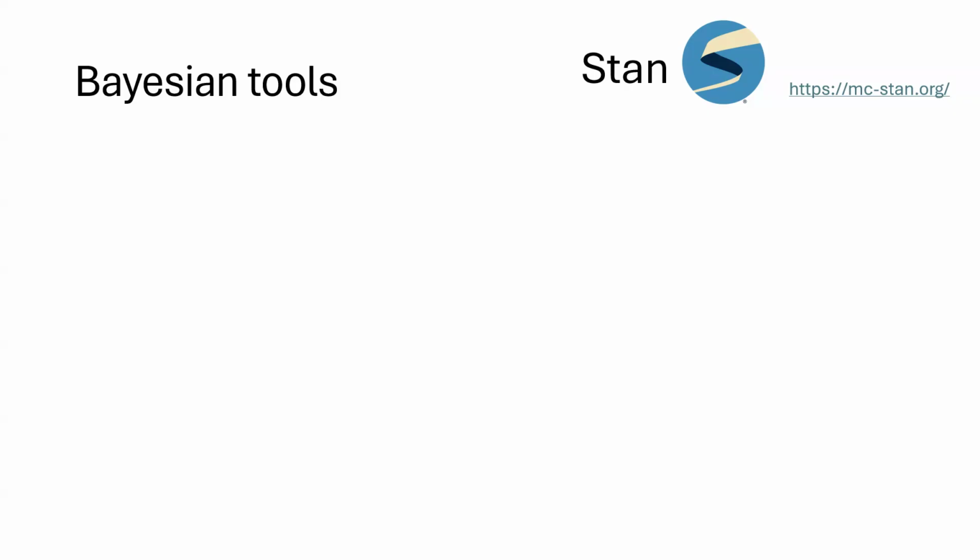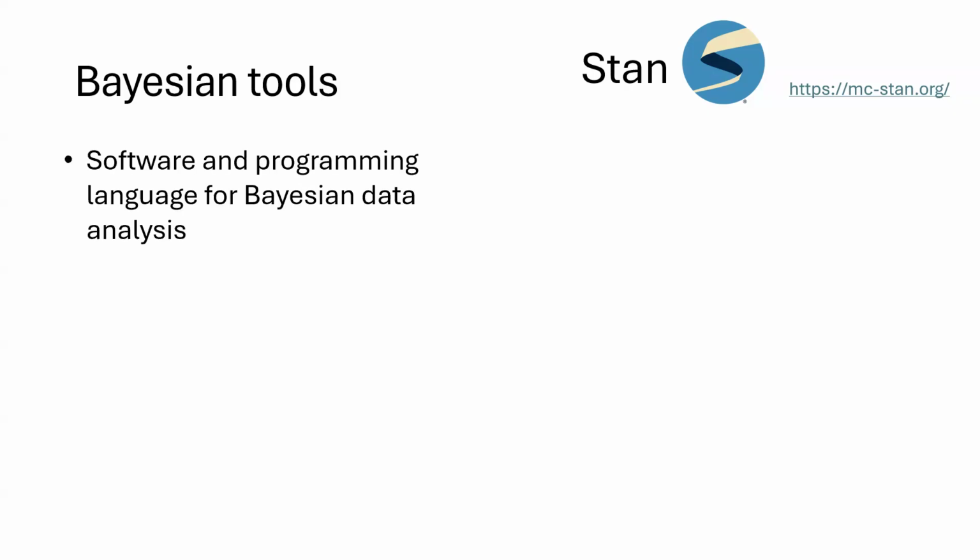So Stan is the primary tool for Bayesian data analysis that we will be using in this course. It's not the only one out there, but I think it's becoming one of the more widely used options out there. It is a software and programming language developed specifically for Bayesian data analysis.